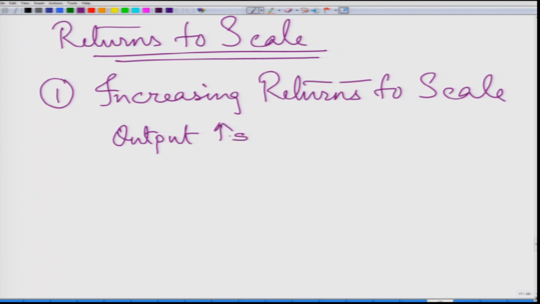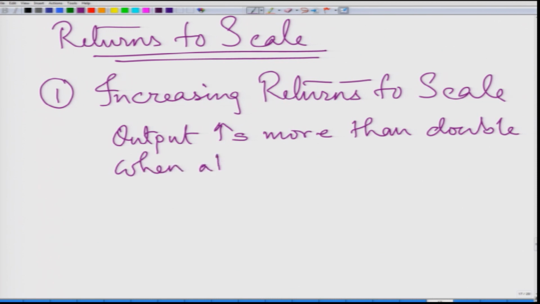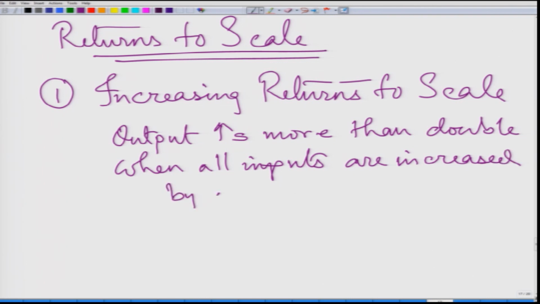So, increasing returns to scale means, taking an example, that output increases by more than double when all inputs are doubled.